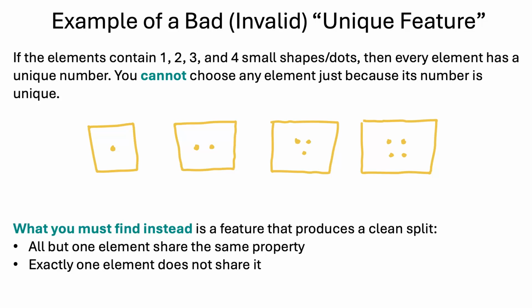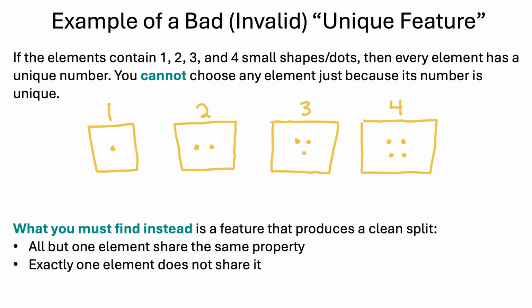Well, in this case, then every element has a unique number. Element 1 has 1 dot, element 2 has 2 dots, and again 3 has 3, and 4 has 4. So you cannot choose any element just because its number is unique. They all have unique numbers. And for the same reason, picking the one with the most, or least, is usually invalid as well.